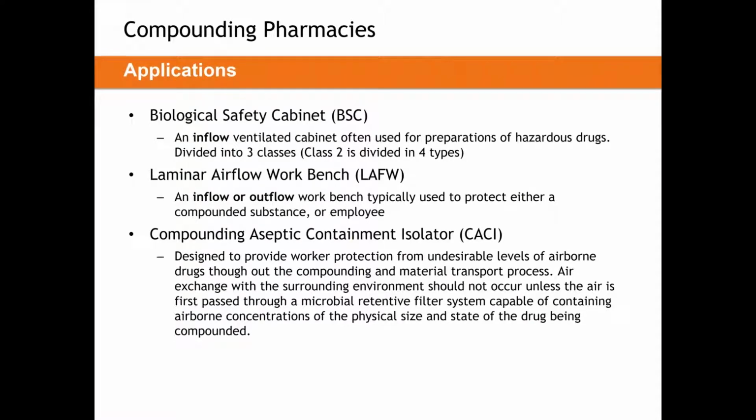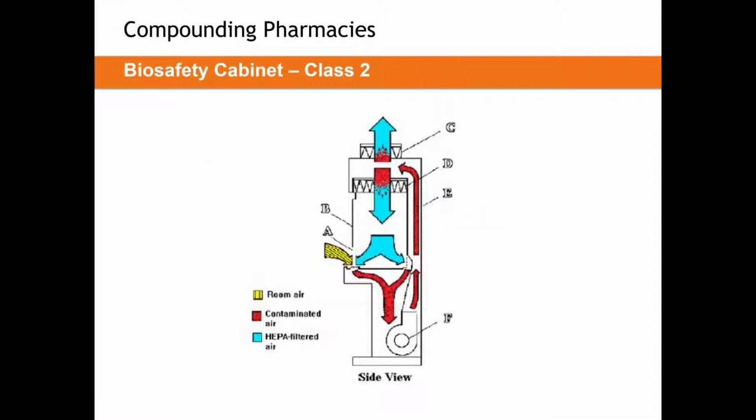So this is an exhaust device that can be split into 3 classes. I'm not going to dig into what those classes do today. Basically, class 1 would be your lowest containment, if you'd like to call it that. Class 3 would be your highest type of containment. Again, we won't dig into that today. Most commonly, what we're seeing isn't just a biological safety cabinet. It's actually a class 2 biological safety cabinet.